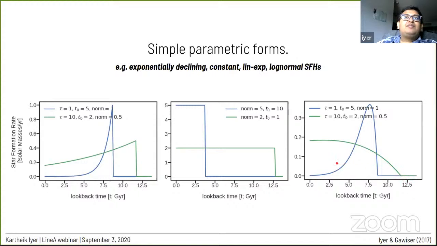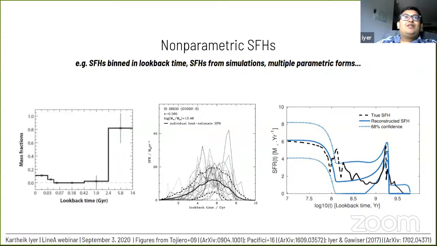So while these models might have worked back in times when signal to noise was poor and we had limited wavelength coverage, as our observations grow to get better and better, we need models that can extract more information than this from our observations. And so with that in mind, we start looking at non-parametric star formation histories.